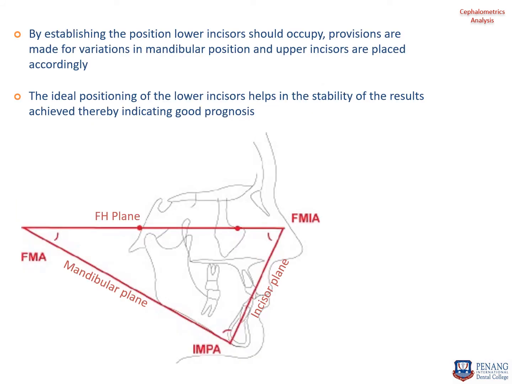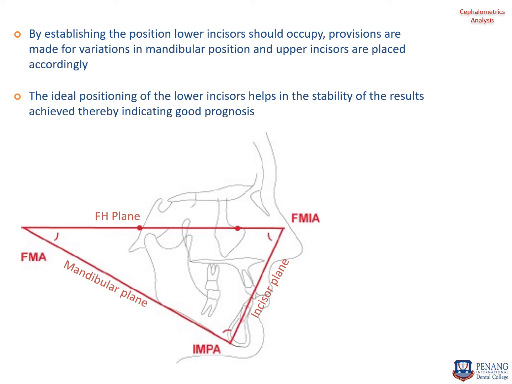Here you can understand the objective of Tweed's analysis, that is to establish the position of the lower incisors and also to place the lower incisor in an ideal position. So why is this important? Placing the lower incisor in ideal position is important as it aids stability of the results, and thereby a good prognosis for that particular individual.